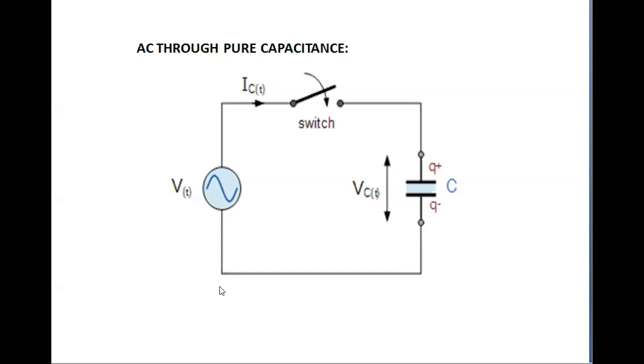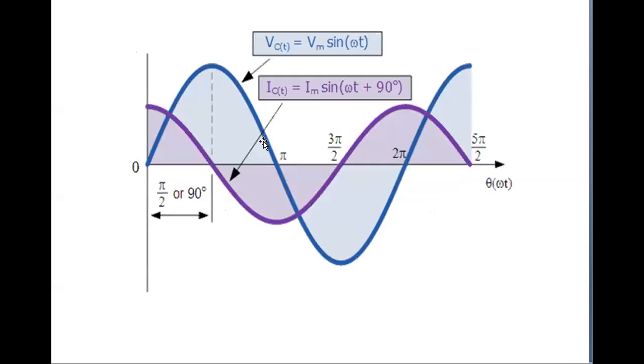That formula is I of t is equal to Im sine of omega t plus pi by 2. From this formula you can also obtain the formula for P of t, that means power across the capacitor, which is nothing but the multiplication of Vc of t into Ic of t.